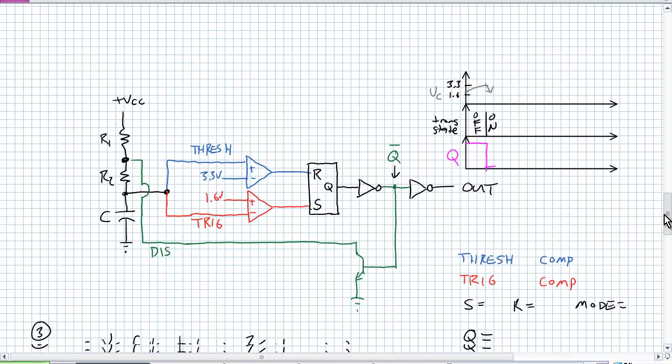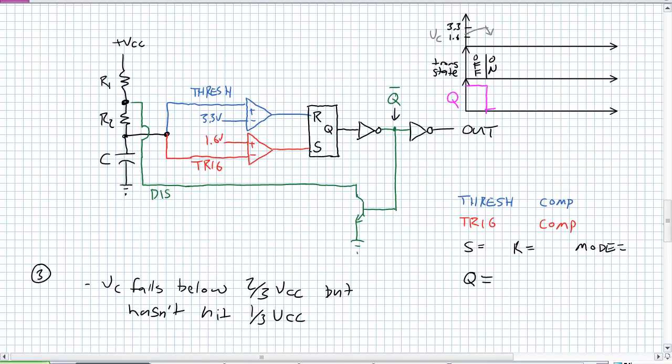So let's go ahead and look at that. So VCC falls below 2/3 VCC, but hasn't hit 1/3 yet. So what I'm saying is discharging now, it's between 3.3, but hasn't hit 1.6 yet. So obviously Q is a 0, not Q is a 1, and it's going to continue to discharge on our current path through here.